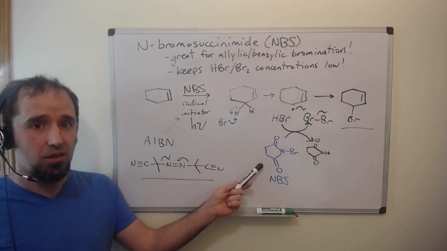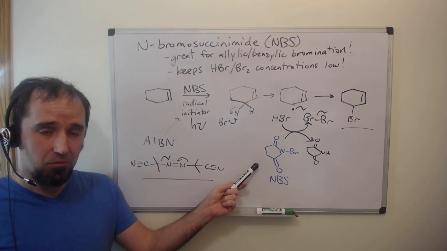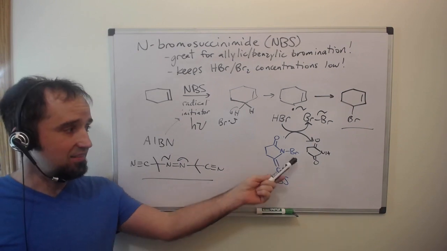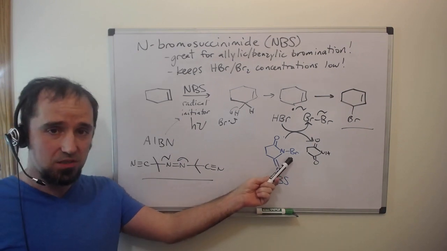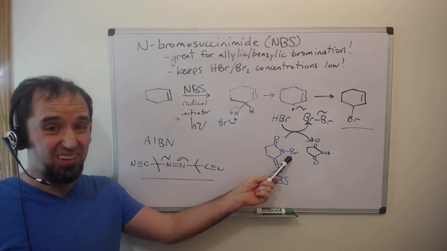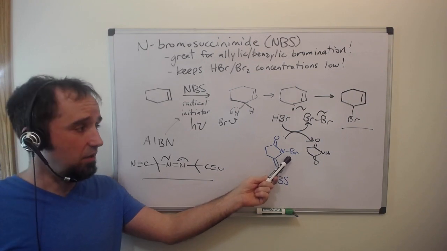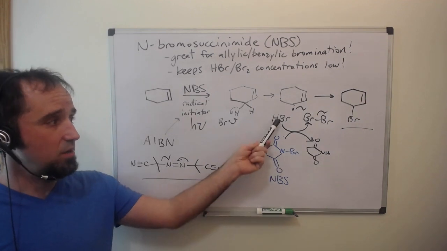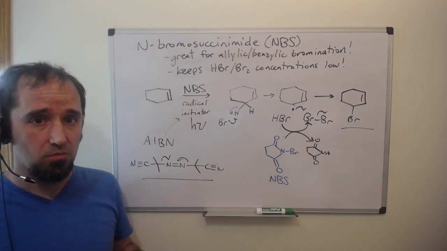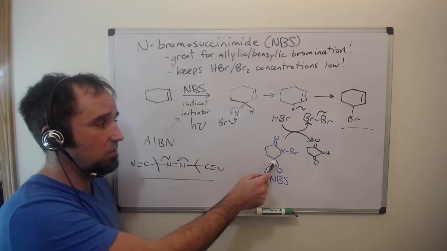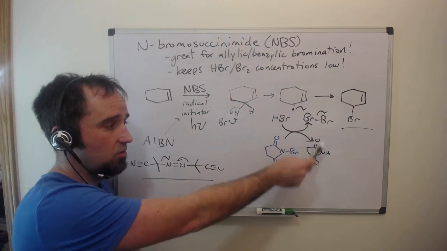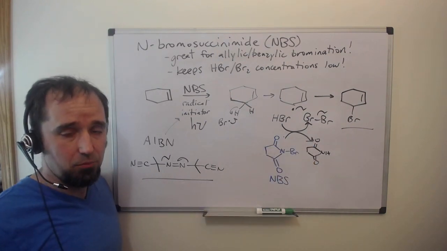That's this stuff. First of all, it's a really nice, safe, and easy to use source of Br plus, essentially electrophilic bromine. But really, its job here is to turn HBr into Br2. So HBr reacts with NBS to give Br2 and just succinimide byproduct.